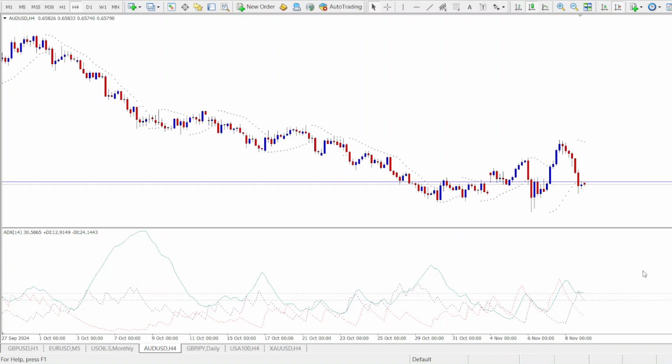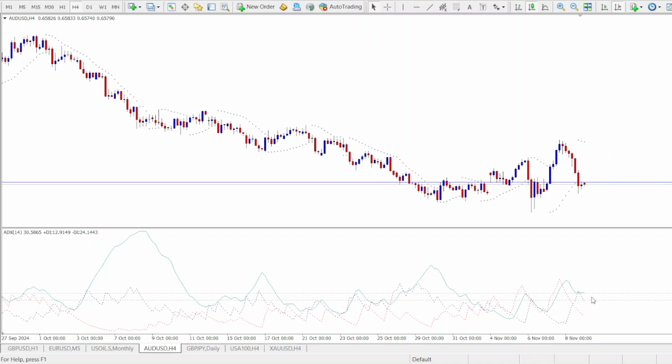In some cases you might actually see another value here. However, the main focus is around here. This is the main focus. Generally, when you have the ADX reading above 25, it shows that there is a strong trend.